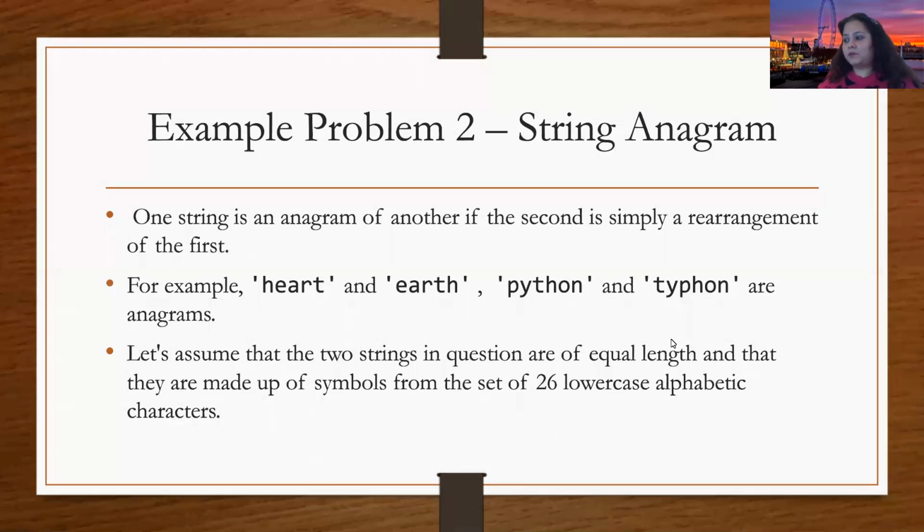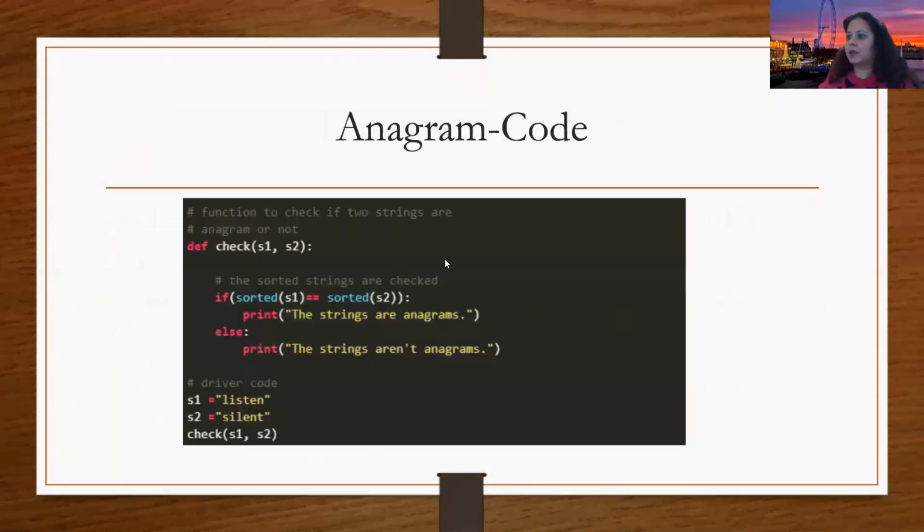To keep it simple, we'll assume that both the strings are of equal length in this question, and they are only made of symbols from the set of the alphabets, the 26 lowercase alphabetic characters. That is the assumption. So how do we check if the string is an anagram or not?